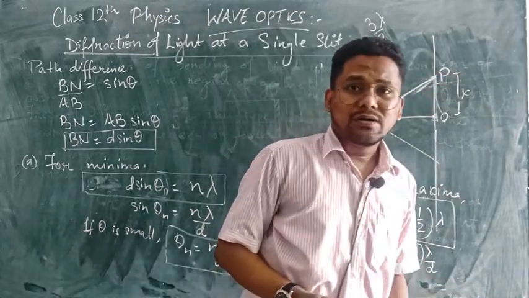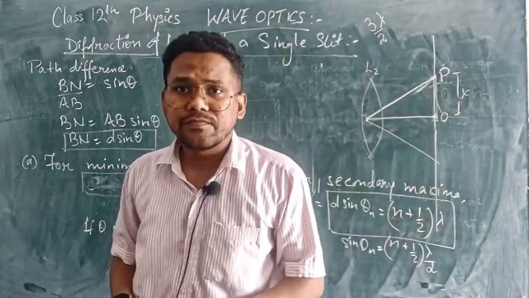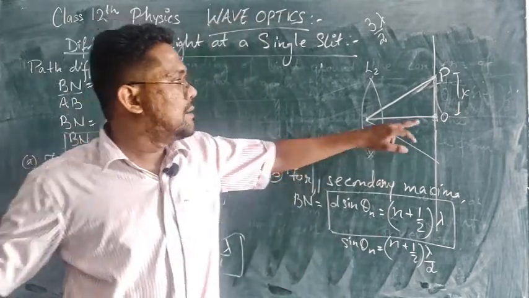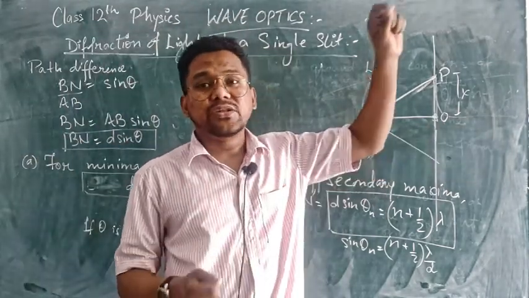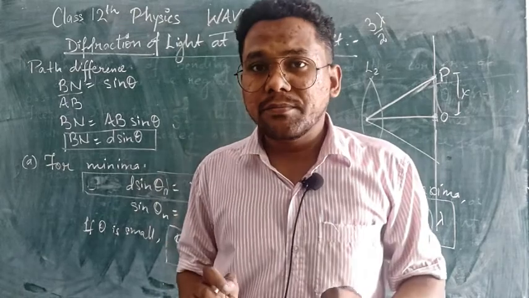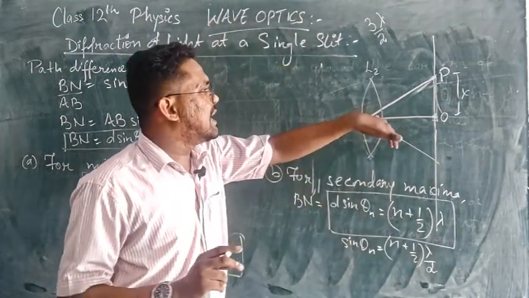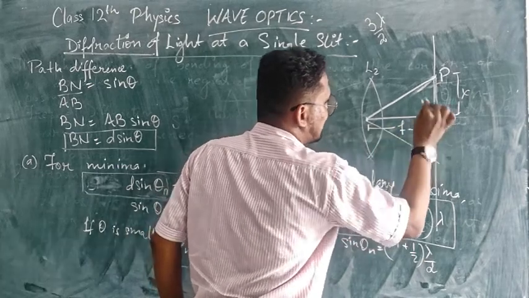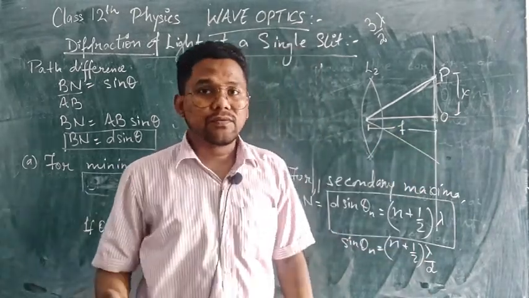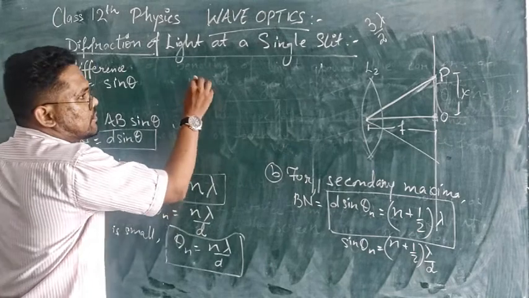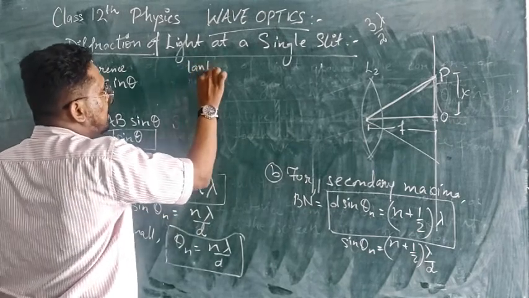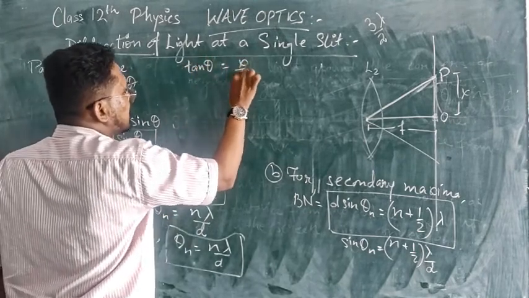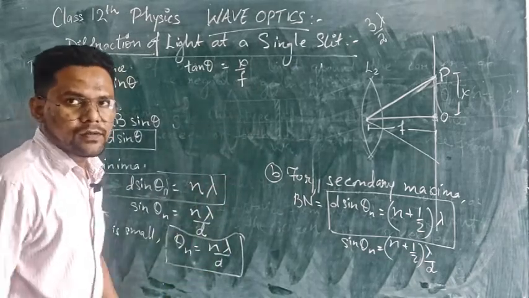So I find the value of x, then multiply it by 2, and I get the width of central maximum. The lens has a focal length of f. So what we get here is tan theta equal to x upon f.